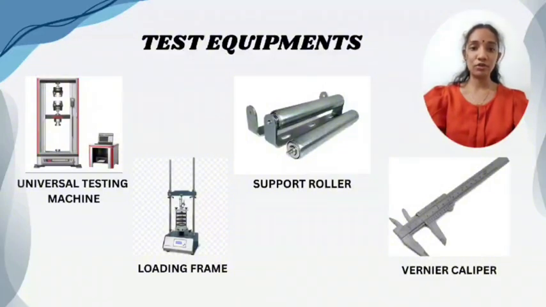A steel ruler or vernier caliper is used to measure the beam dimensions accurately before testing. These measurements are necessary for calculating the flexural strength.